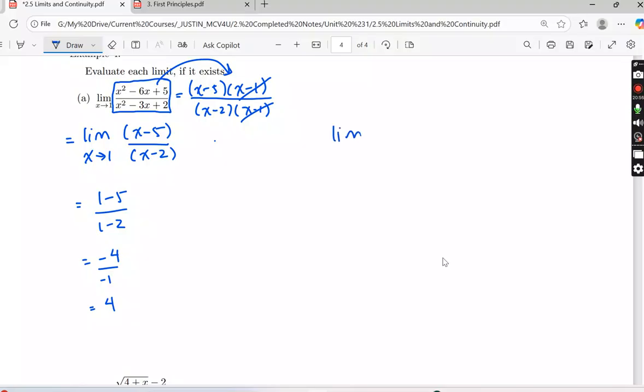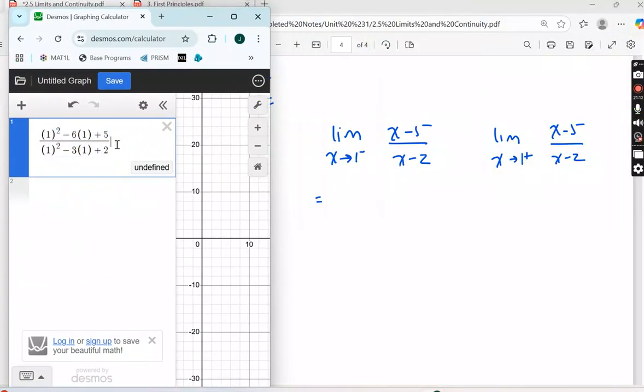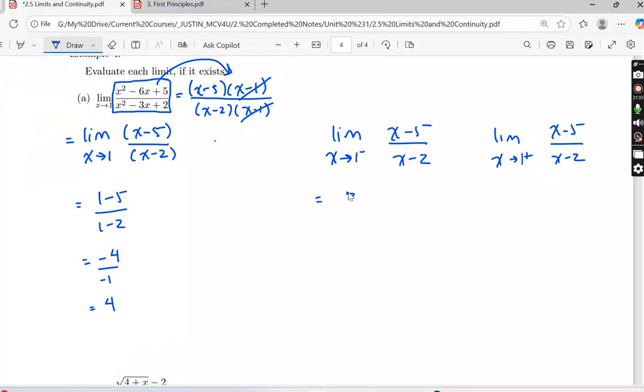Let's confirm it. So the limit as x approaches 1 from the left of x minus 5 over x minus 2, and then the limit as x approaches 1 from the right of x minus 5 over x minus 2. Let's see what I get. So 1 from the left, so that's 0.999 minus 5 over 0.999 minus 2, with 3 nines in there, gives me 3.997.